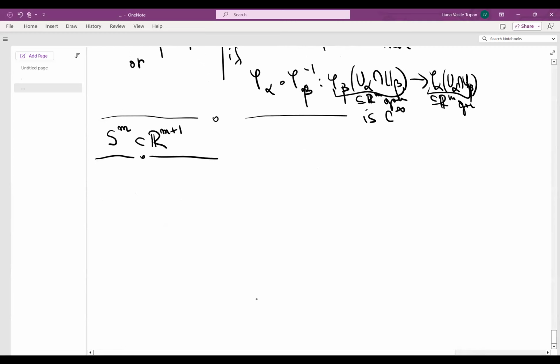Then we defined a differentiable function at a point.